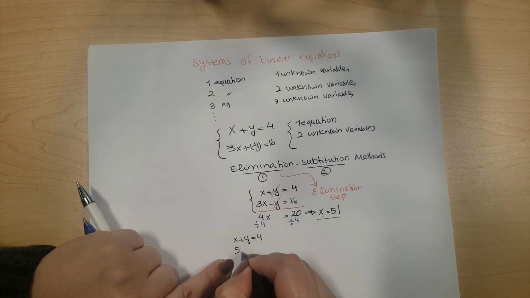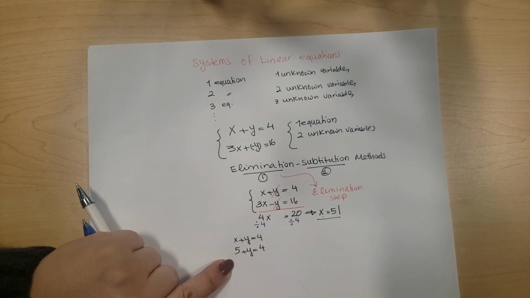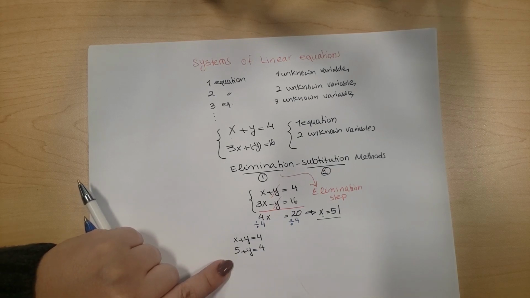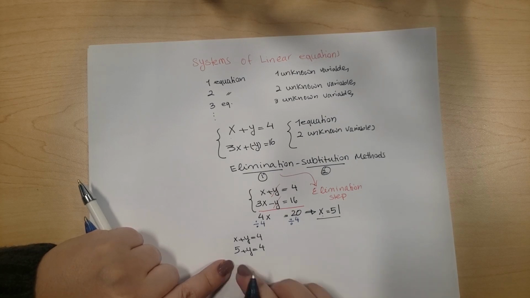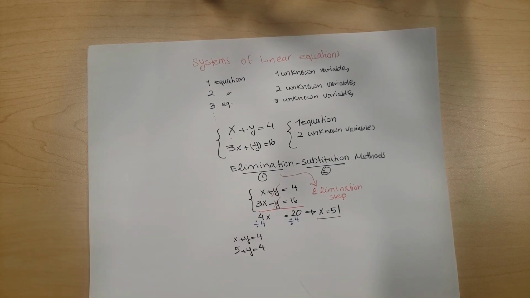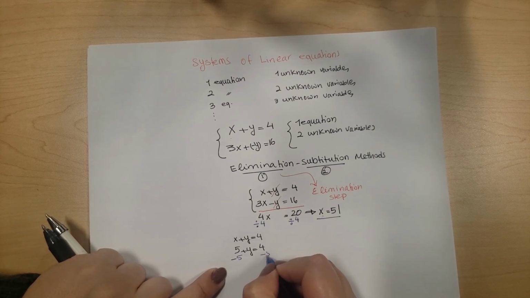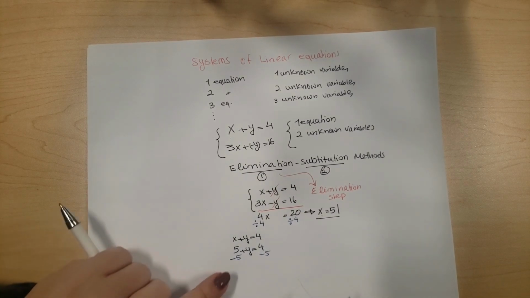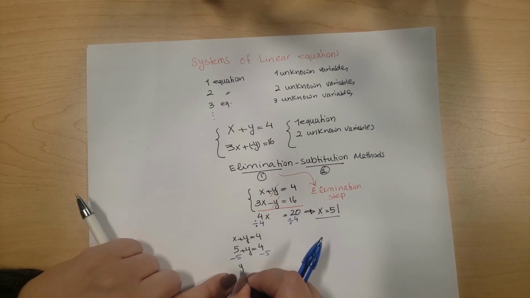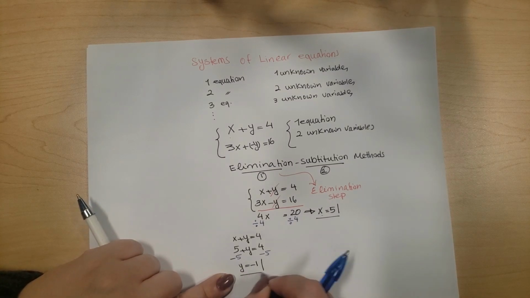So 5 plus y equals 4. Can I solve this equation? Yes, it's a simple one-step linear equation. If I want to get rid of the 5, I subtract 5 from both sides, and I end up with y equals negative 1.